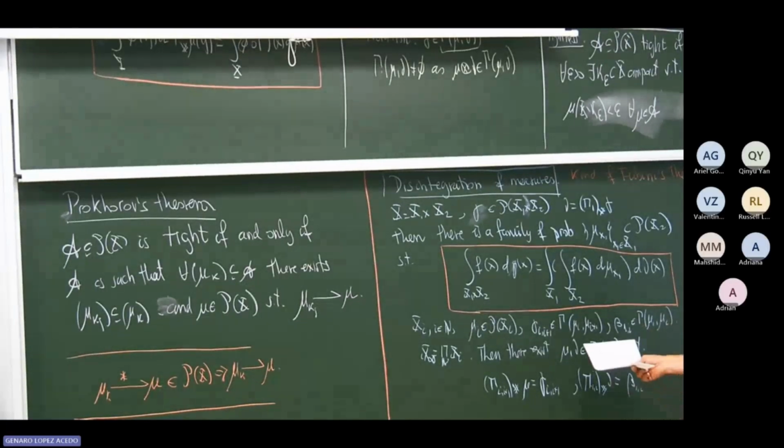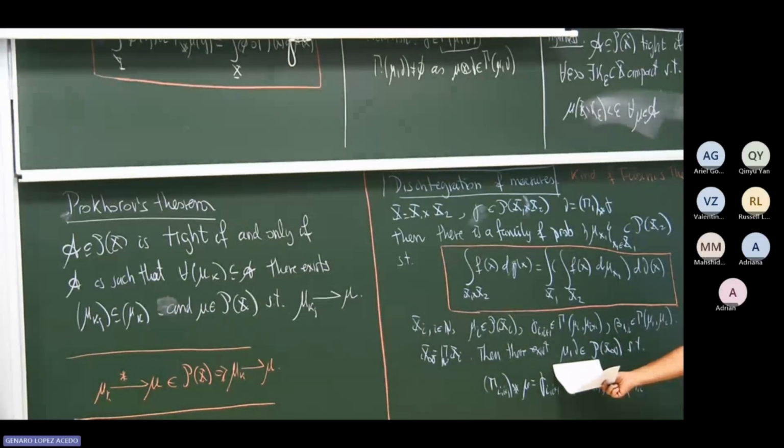We start with couplings joining two probabilities, and we want to know how we join different couplings from different probabilities. That's the way, right? We look for these big measures in the big space, and then the marginals are going to be the couplings we have, and that's the way we find the limits, or we find some other things.